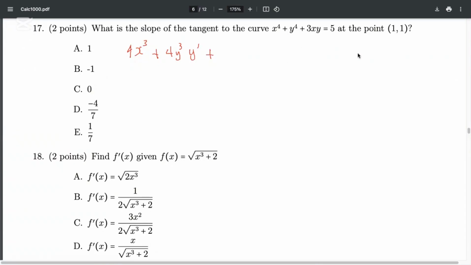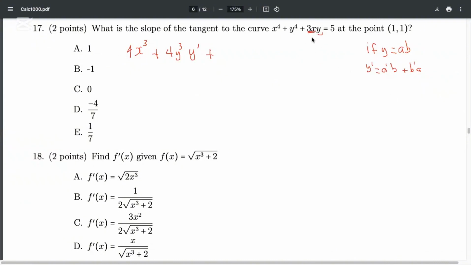So this is a product, so we're going to treat it as one. As we know, the derivative of a product y equals ab, then y prime would be a prime b plus b prime a. So let's make 3x the a and y the b.